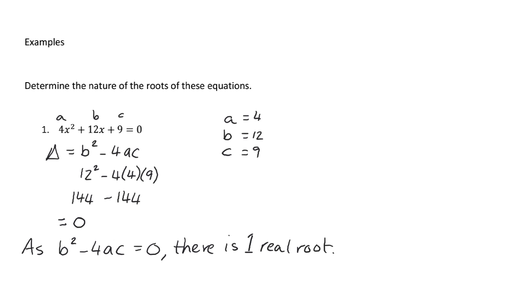Okay, not looking for a massive paragraph, we're just looking for b squared minus 4ac, whatever it has, if it's over 0 or equal to 0 or less than 0, and then the appropriate explanation for it. So as b squared minus 4ac is equal to 0 in this case, we know there is going to be one real root.